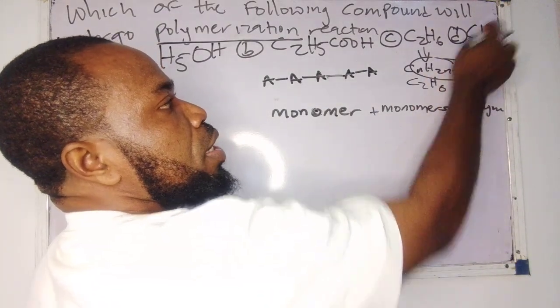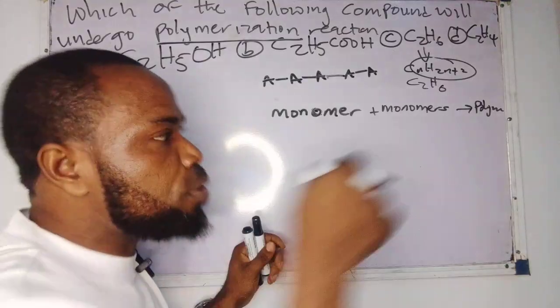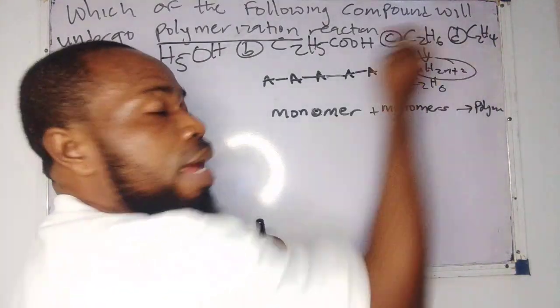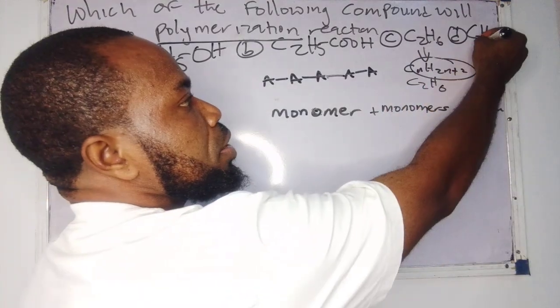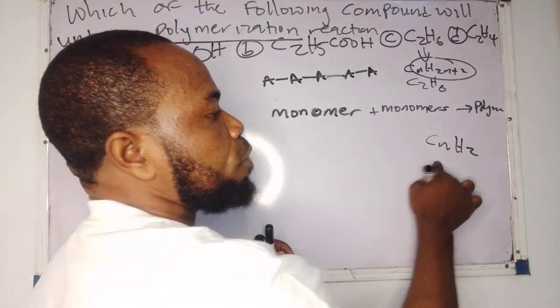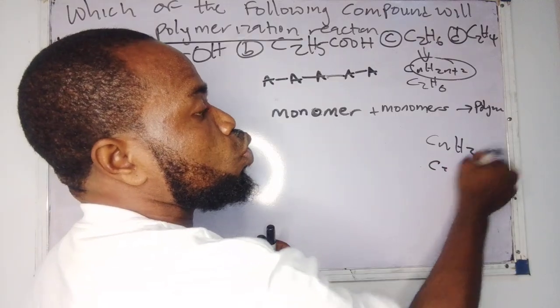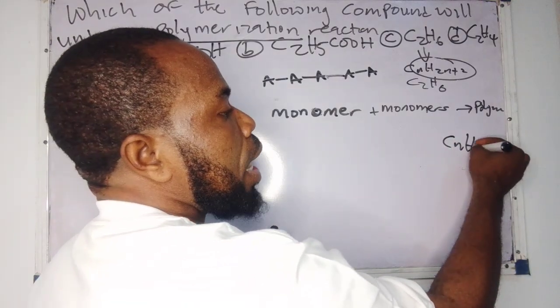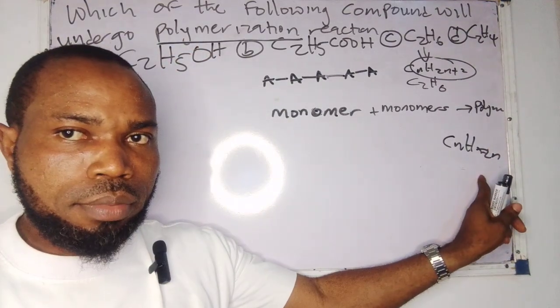It simply means the n is 2. If you put it into the formula, you will get this molecular formula. The formula to arrive at this one is CnH2n. So if you have C2, 2 times 2 is 4. So you can see that it's alkenes that have this general formula.